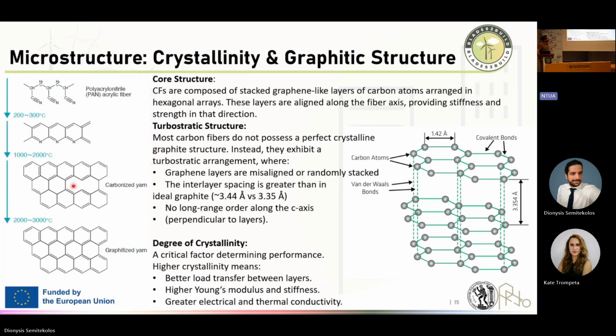And let's stop here in the carbonized yarn phase. So we see the hexagons here with the sp2 bonds. Okay, sp2 are the bonds that form carbon. This one here.